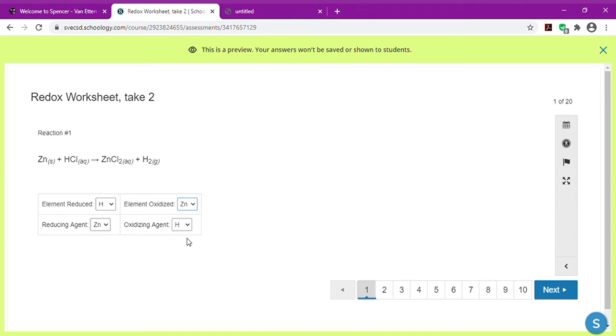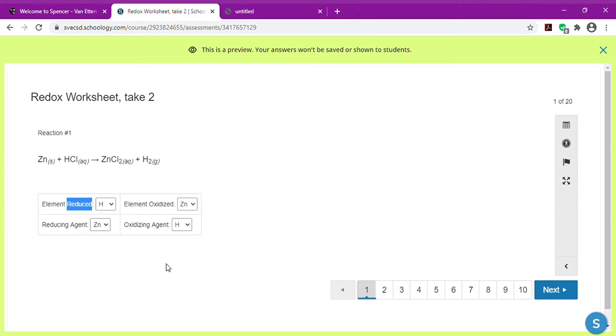So this here is the first thing I figure out. The element that's oxidized is zinc because his charge goes up. He is obviously going to also be the reducing agent because I add the word agent and the meaning flips. If the hydrogen goes from +1 down to 0, he is reduced. Here's the thing about reduction. You might want to start with reduction instead of oxidation.